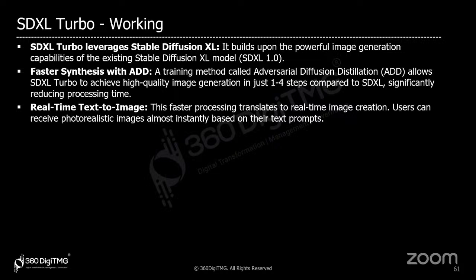So it has high quality image generation capabilities in just 1 to 4 steps compared to the SDXL model, which was the base model. So it is a real-time text-to-image generation tool. This faster processing translates to real-time image creation, where users can receive photorealistic images almost instantly based on whatever prompt they are providing.